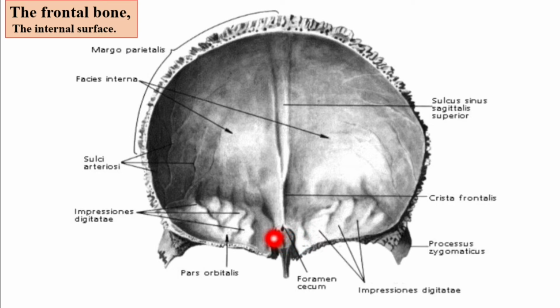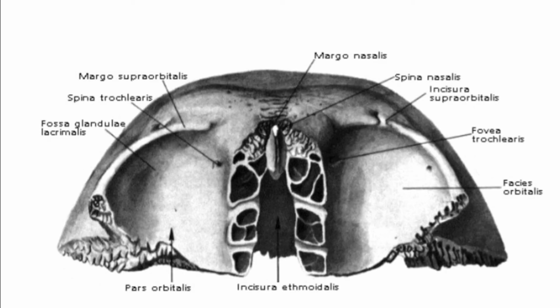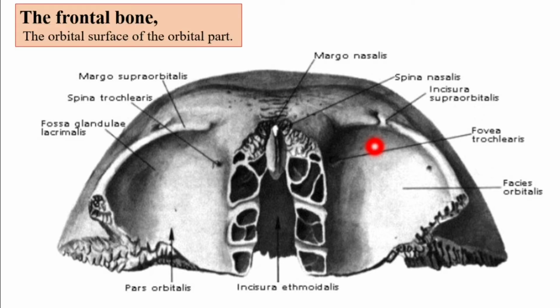It's called a foramen caecum. And this is the orbital surface of the orbital part, because I showed you in the internal surface there was the cerebral part. So here, firstly, there is a fossa for the lacrimal gland on the lateral part. So it's fossa glandulae lacrimalis.